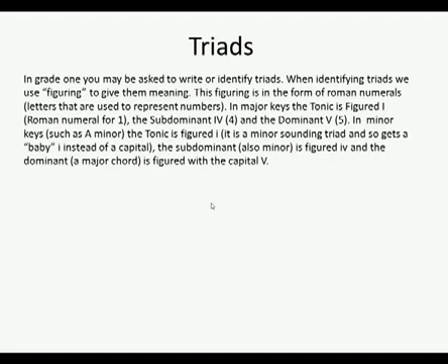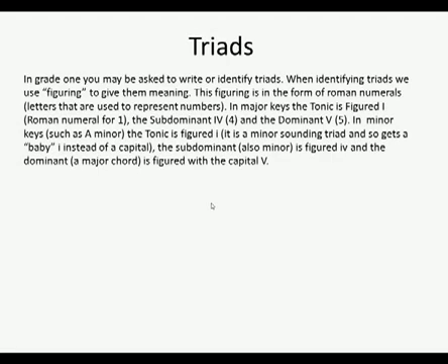In minor keys, such as A minor, the tonic is figured with a lowercase i. It is a minor sounding triad, and so it gets a baby i instead of a capital. The subdominant, which is also going to sound minor, is figured with a lowercase i and lowercase v.